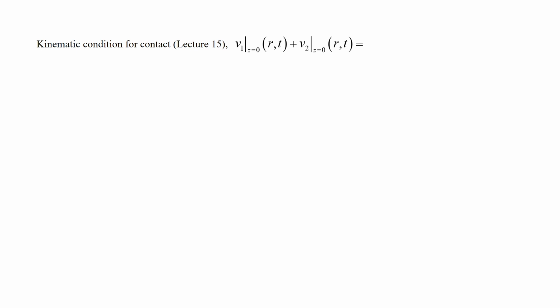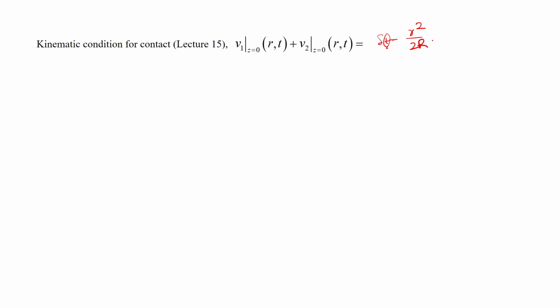Now what is the condition that these two spheres will remain in contact at any given r? That will be equal to delta, means the amount of distance by which these two spheres have been brought towards each other, minus r square by 2R. Delta will also be a function of time here.